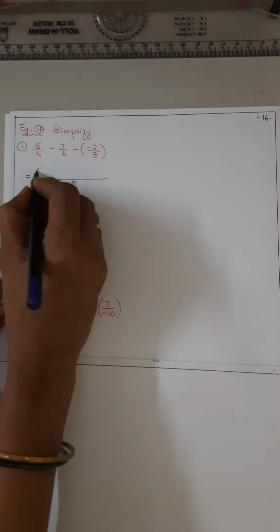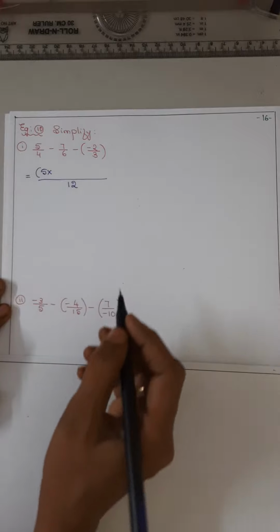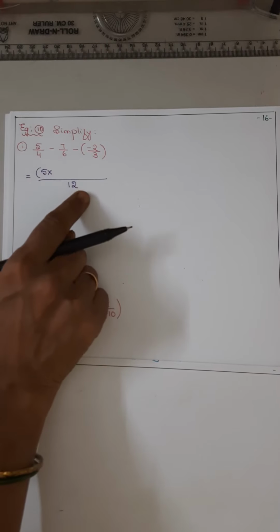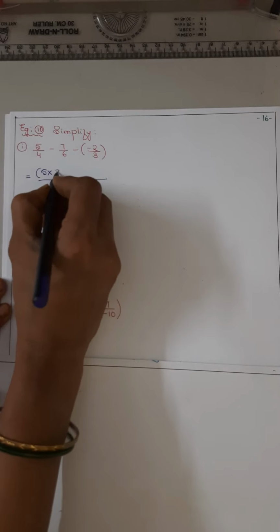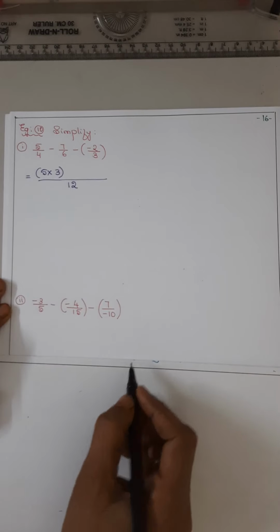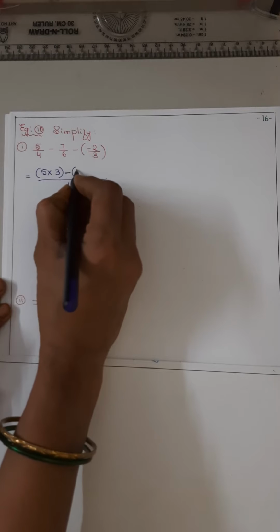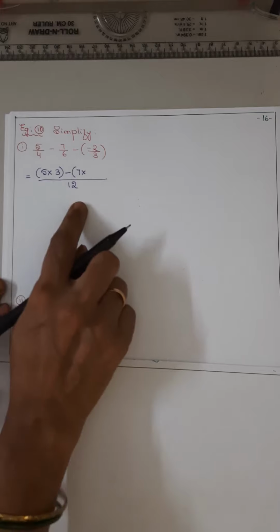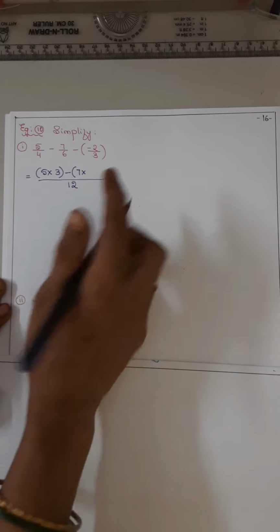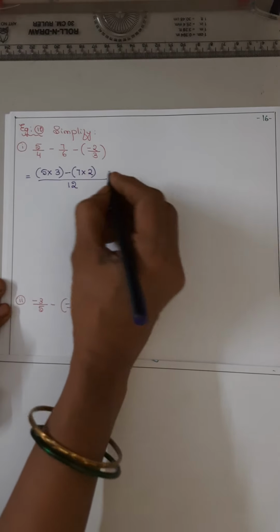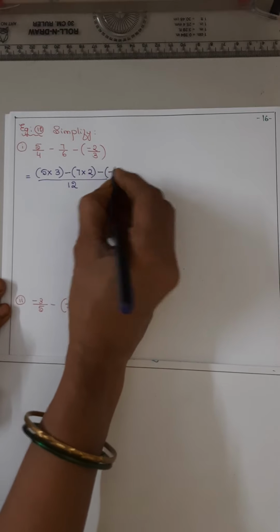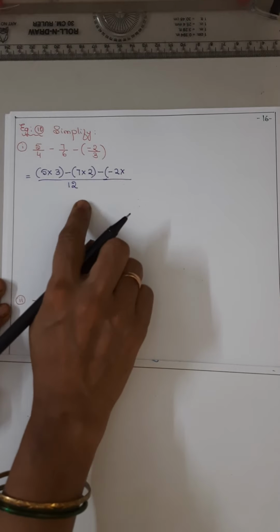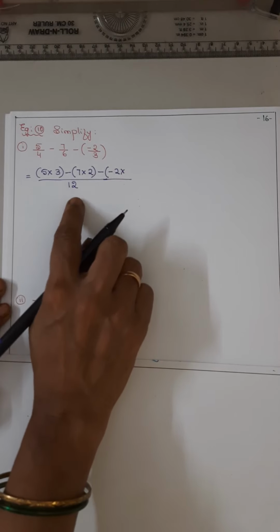Now numerator is 5 into. Denominator is 4. 4 how much are 12? 4 threes are. Right? Minus second number का numerator 7. 6 how much are 12? 6 twos are. Multiply by 2. Minus bracket minus 2 into 3 how much are 12? 3 fours are 12.